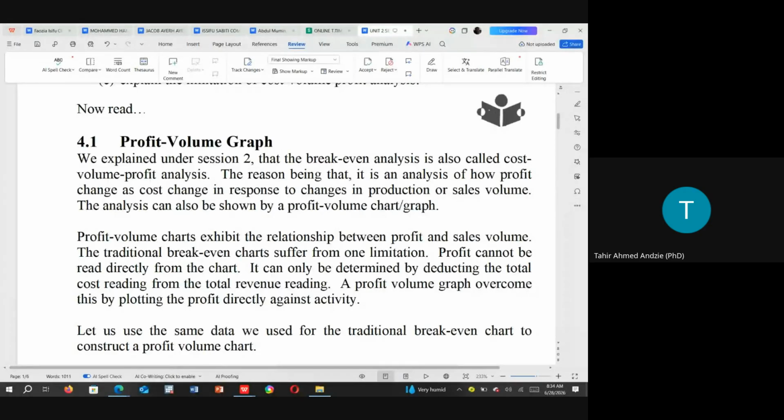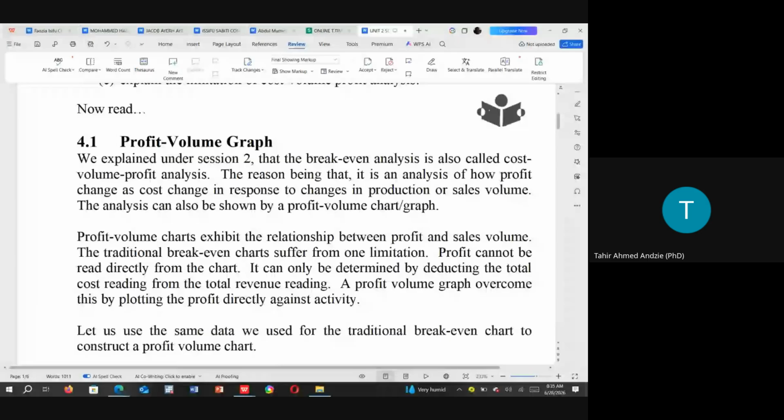The reason is that it is an analysis of how profit changes as costs change in response to changes in production or sales volume. The analysis can also be shown by using a profit volume chart or profit volume graph.